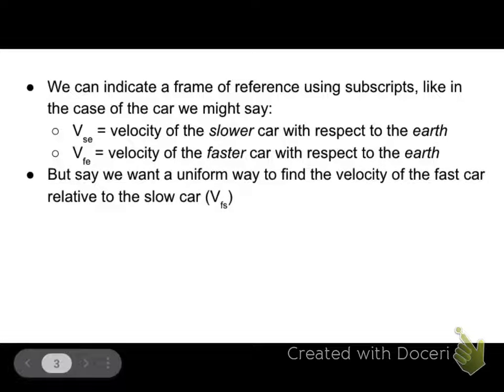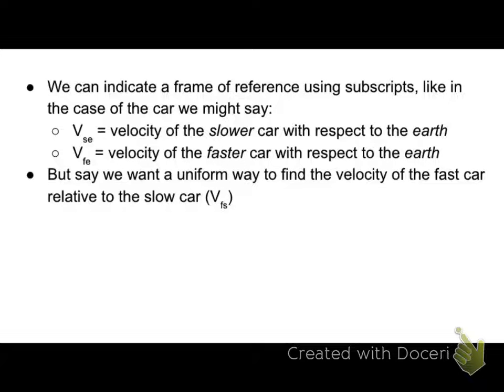Now, in the example problem that I gave you, it's pretty easy to figure out what the relative velocity between the two cars is, right? It seems like a pretty straightforward deal. It's not always going to be that easy, so we want a standardized way to solve for that relative velocity there, okay?